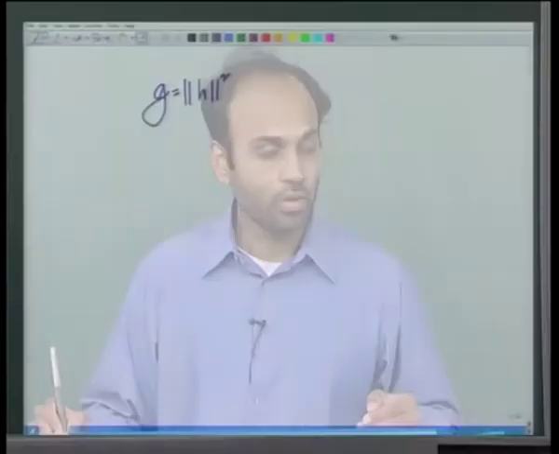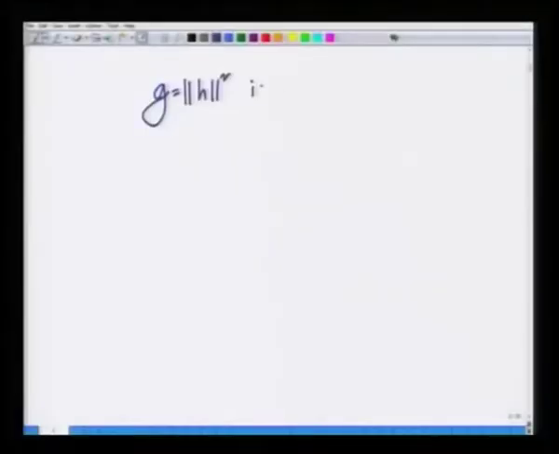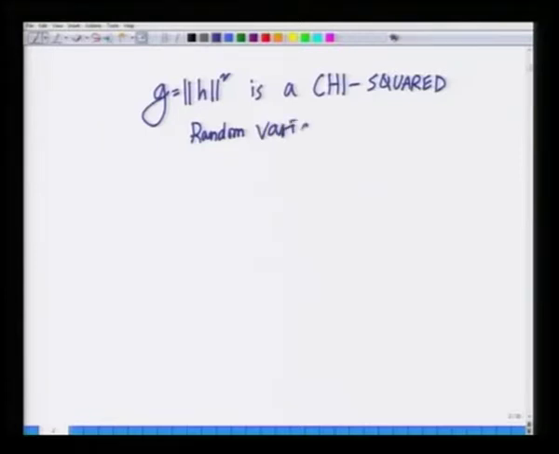It has been shown that G equal to norm h square is a chi-squared random variable with 2L degrees of freedom.